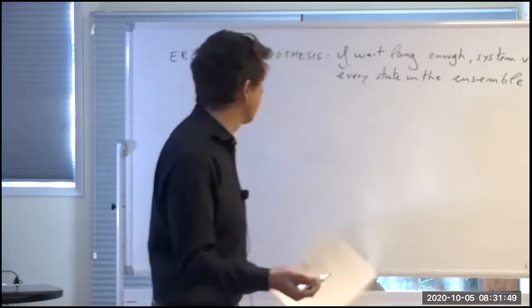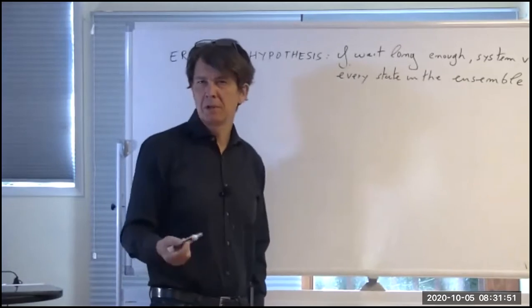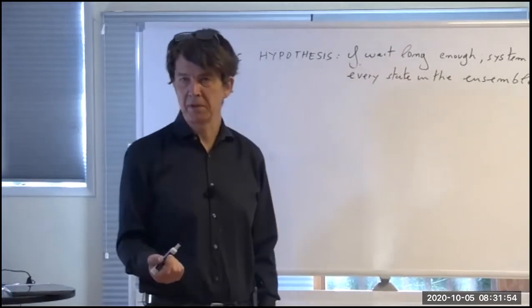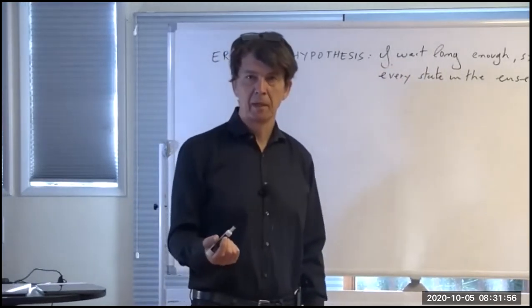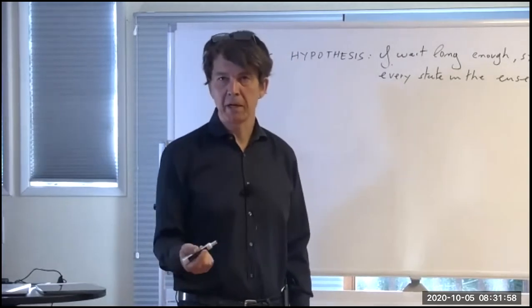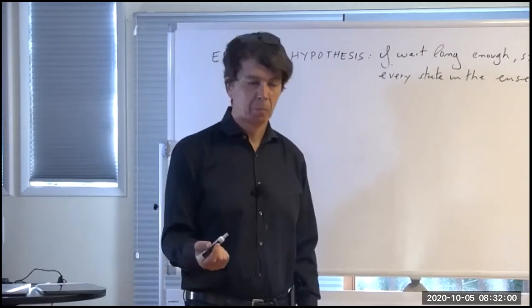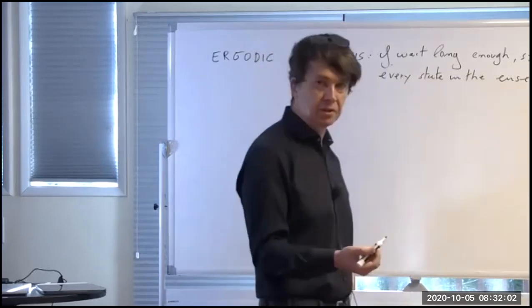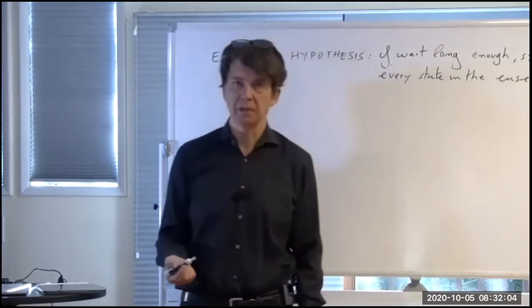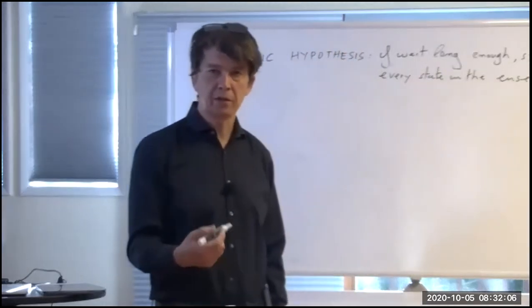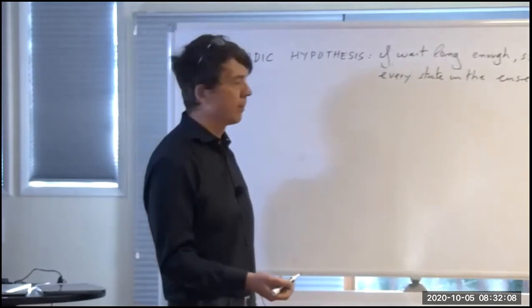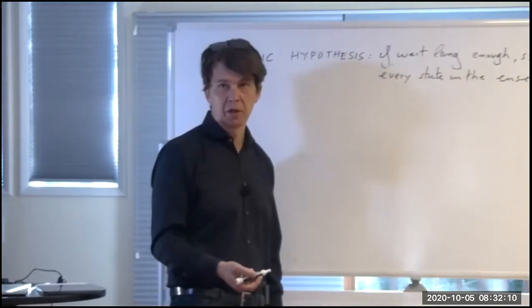That would be a violation of ergodicity because the time average would not be the same as the ensemble average. And people spend a lot of time worrying about violation of ergodicity. But what we know is that for any practical system we ever deal with, ergodicity is satisfied. You can create some odd systems that are not ergodic, but in general, this is true.